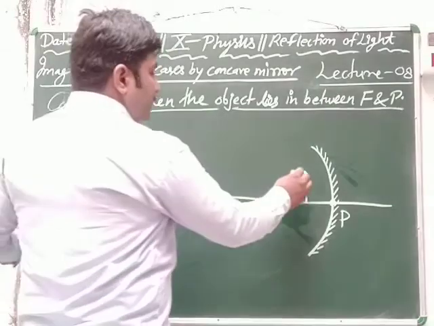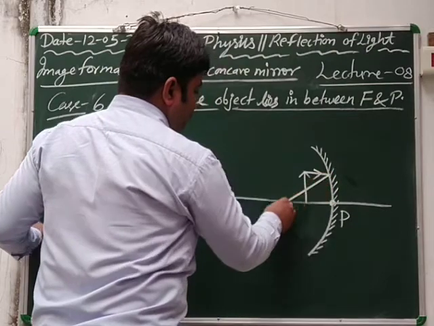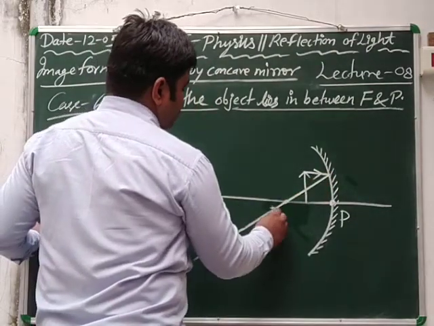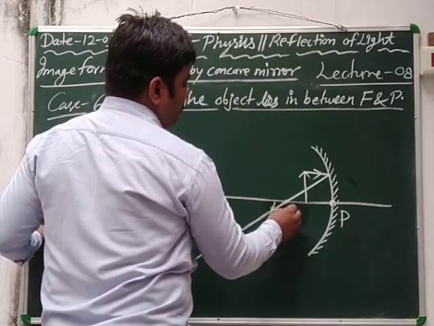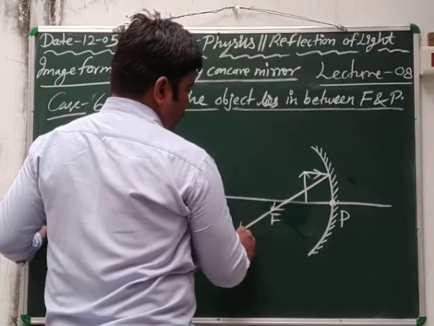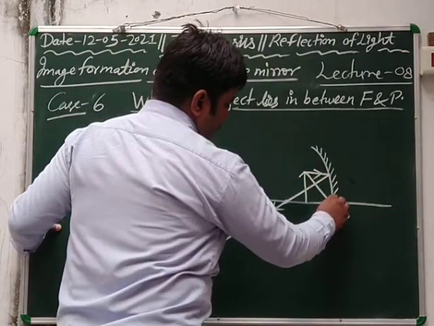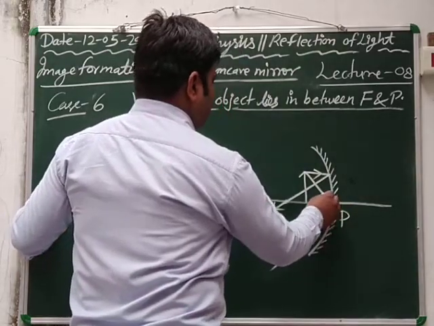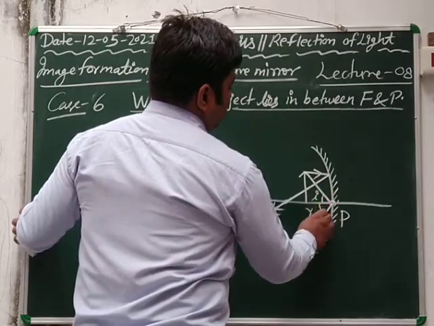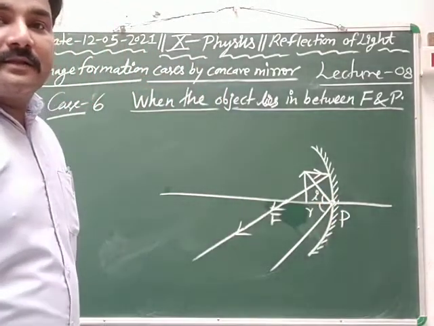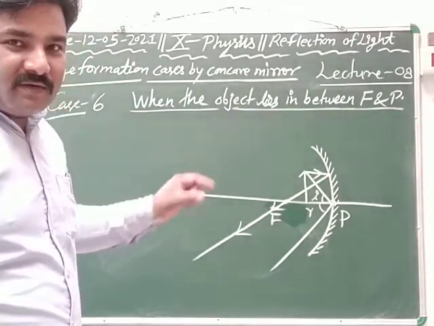You see the two rays taken, one parallel to the principal axis, and after reflection passes through focus, and second incident at pole, and after reflection follows the laws of reflection, that is angle I is equal to angle R. Clear?